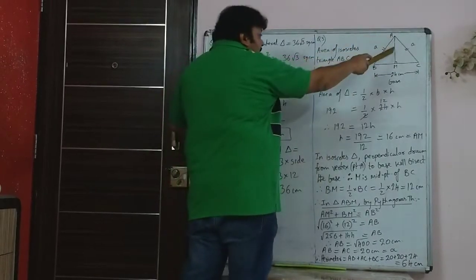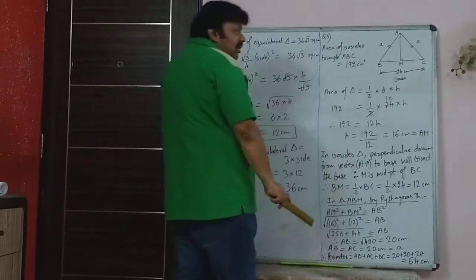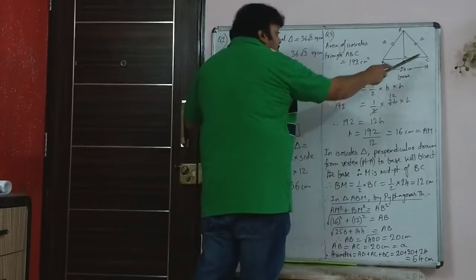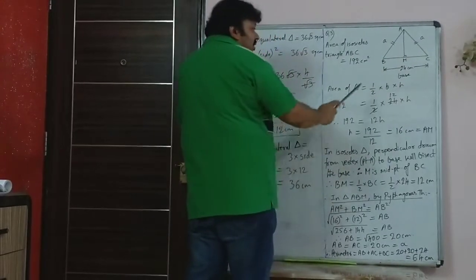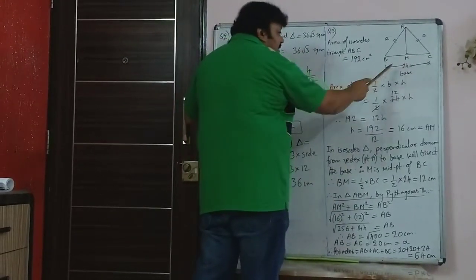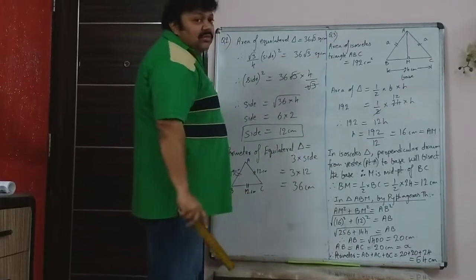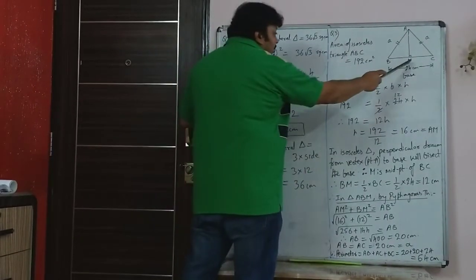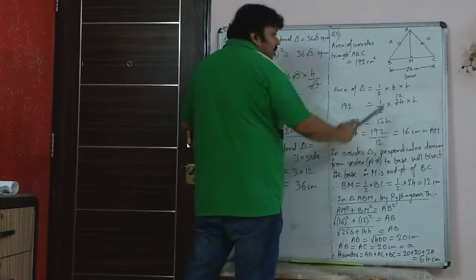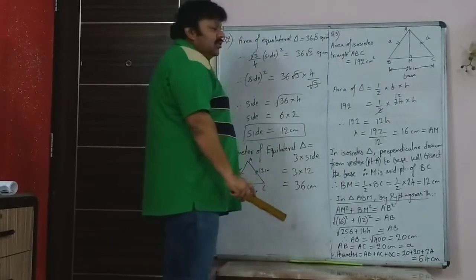So if you draw AM perpendicular to BC, then M will be the midpoint of BC, which means since the base is given as 24 centimeter, it would mean that BM is half of 24 or 12 centimeter.